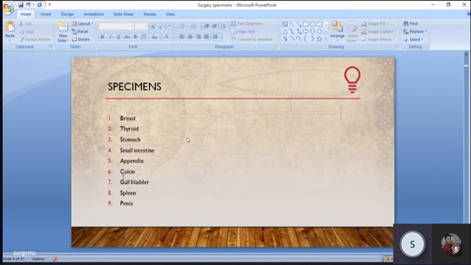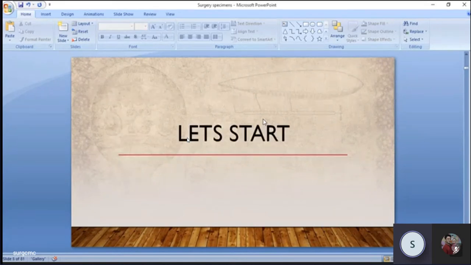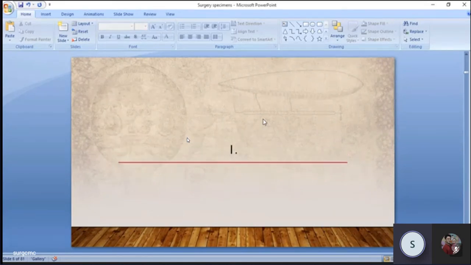Appendix. In colon, usually intussusception or any growth. Gallbladder specimen, spleen specimen, or specimen of penis. Sometimes testes, and sometimes they give a prostate or testis, but these are the usual specimens which we give in exam. So let's start.